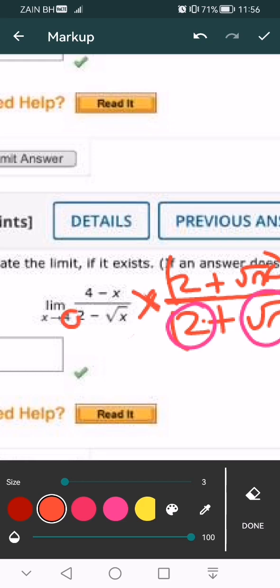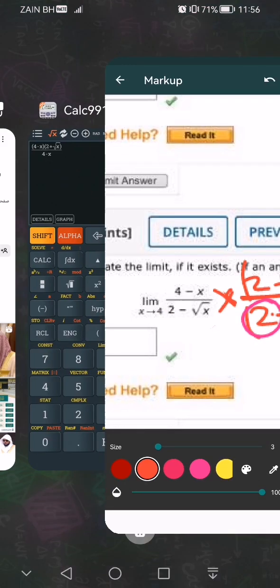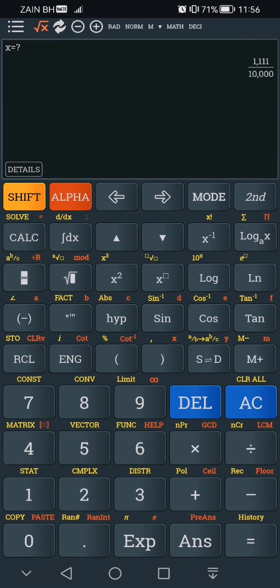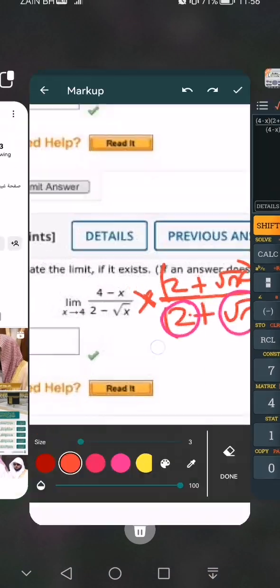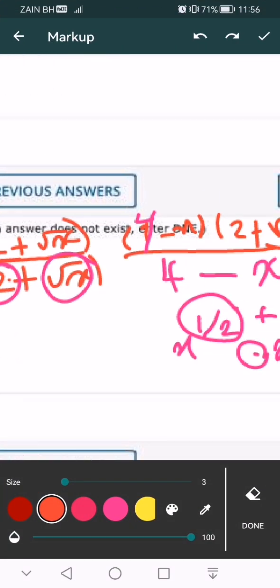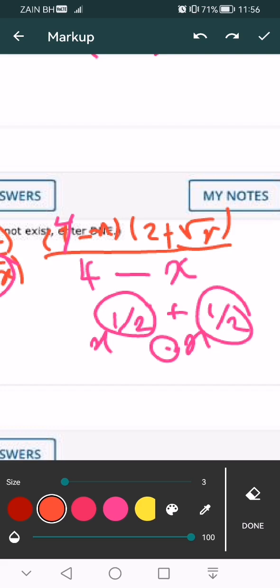by 4 here. Okay, then I'll go here and do calc 4. So the result will be indeterminate in this case.